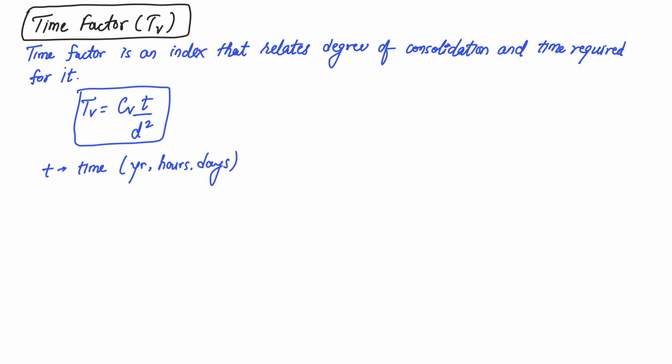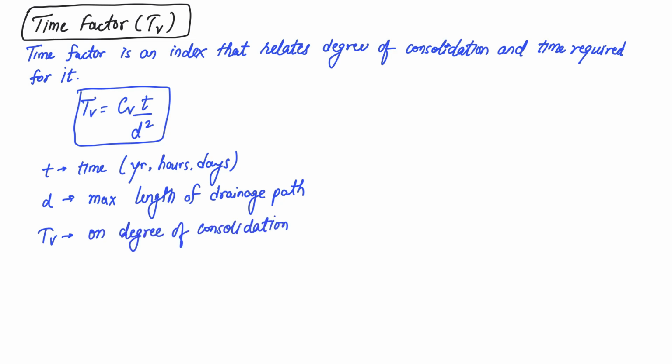Whereas the value of D is the maximum length of the drainage path. This value of TV depends only on the degree of consolidation.